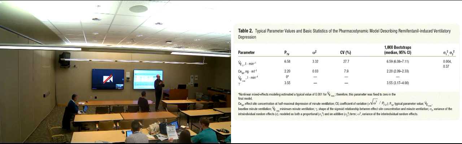Omega is, the model says, okay, this is your value at the beginning, but each individual gets their own, and that's the spread. That's how much spread there was in the baseline. So that's pretty big. It's more than 50%. And then the CE50 is very small. It's kind of surprising.